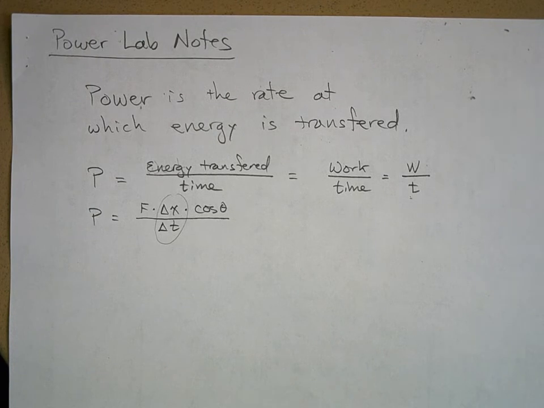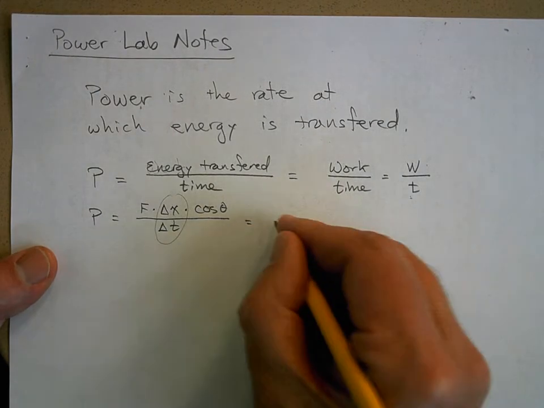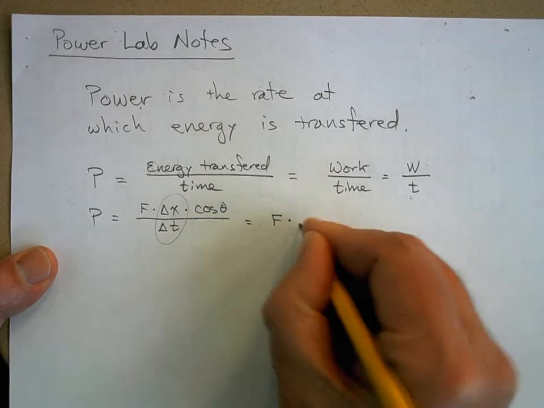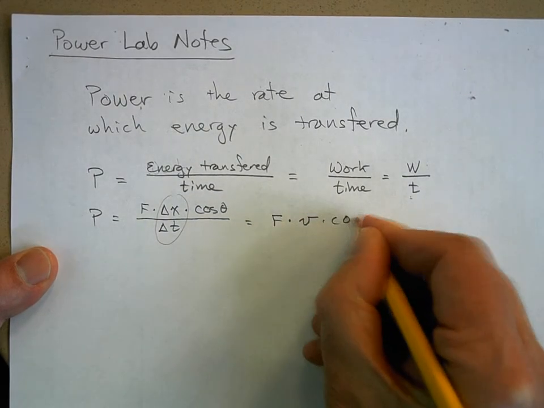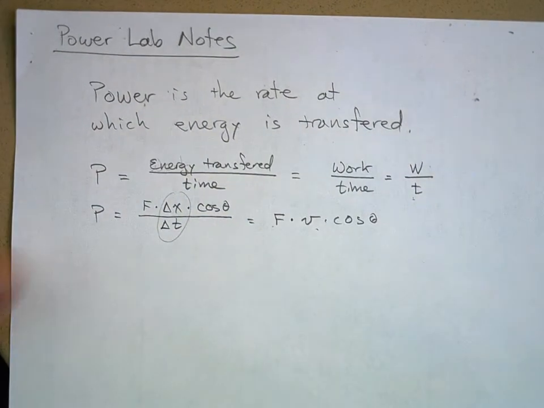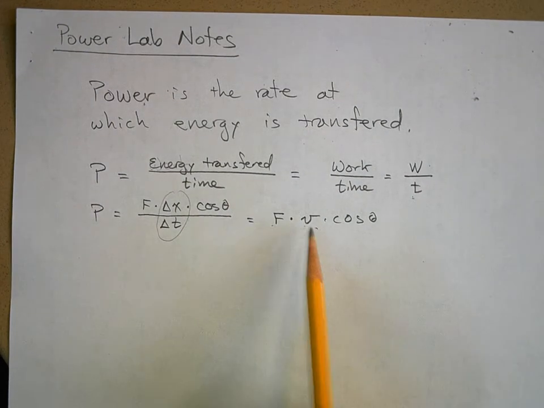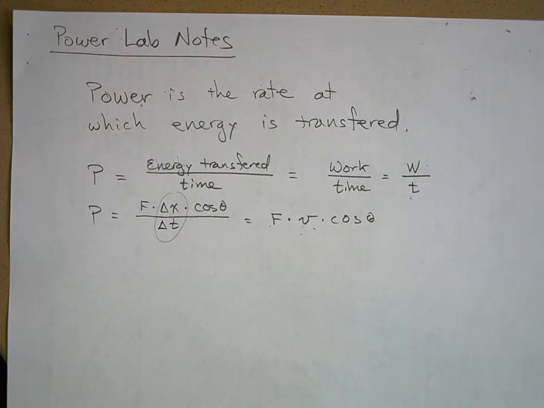Like, how far I go divided by how much time it takes to go that far? That's velocity, right? So you can also think of this as being force times velocity times the cosine of the angle between the force and velocity vectors. And this is average velocity here. Or it can be instantaneous, but I don't want to get that crazy.